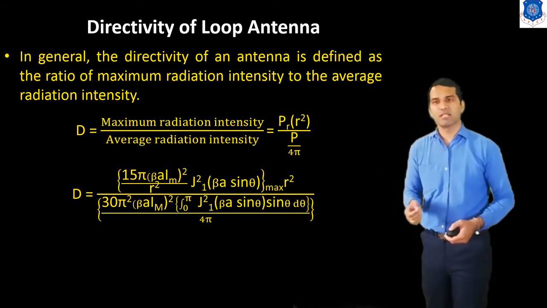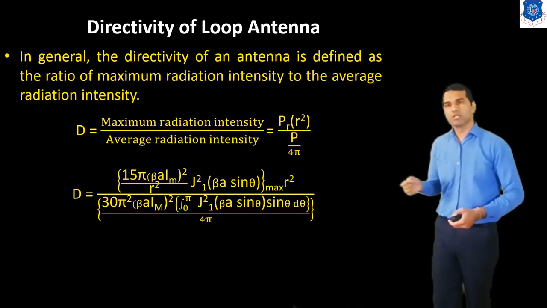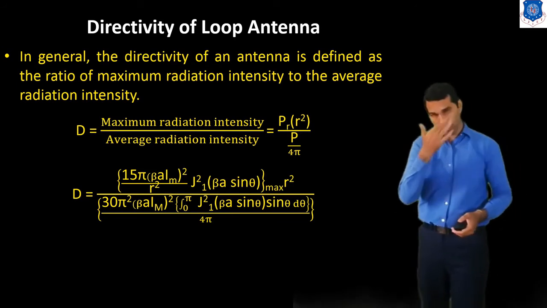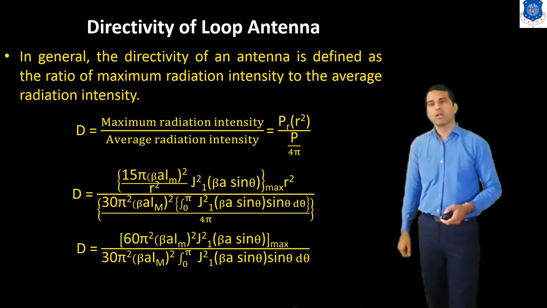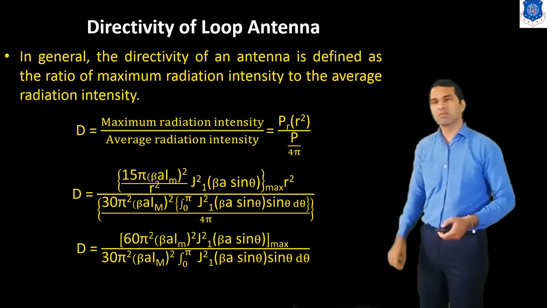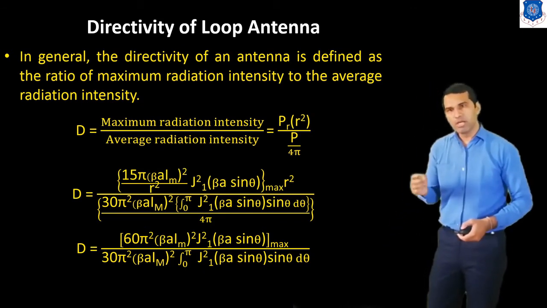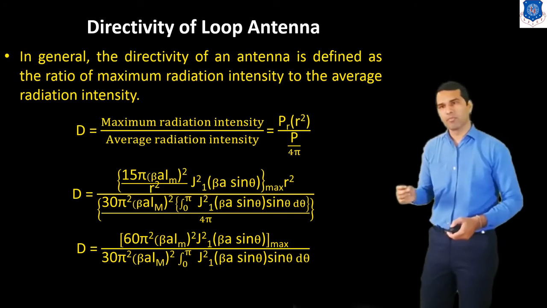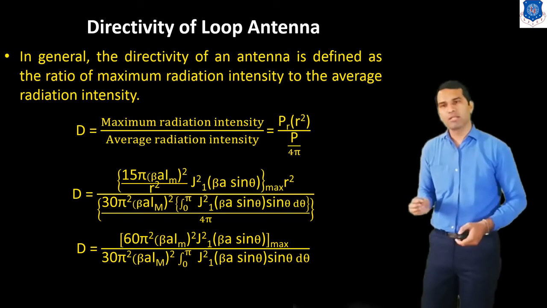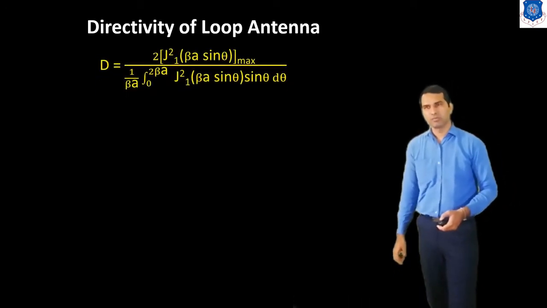And for the average radiation intensity, we can write 30 pi square beta a Im square, integral from 0 to pi of J1 square (beta a sin theta) d theta, into 4 pi. So when we solve this, we can write this equation as D is equal to 60 pi square beta a Im J1 square (beta a sin theta) maximum over 30 pi square beta a Im square integral from 0 to pi of J1 square (beta a sin theta) into sin theta d theta.